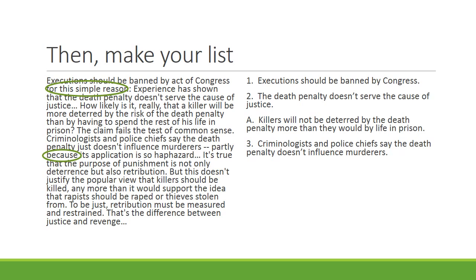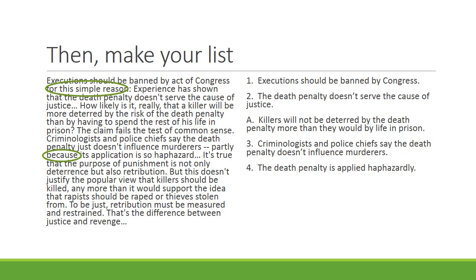The next premise is indicated by the indicator word "because," and it is this: the death penalty is applied haphazardly. We then have this sentence: it's true that the purpose of punishment is not only deterrence, but also retribution. This is merely a transition sentence. It tells the reader, look, I've talked about deterrence and now I'm going to turn my attention to retribution. But it doesn't make a claim of any kind.